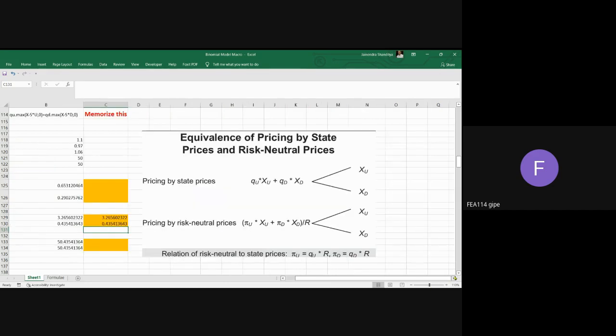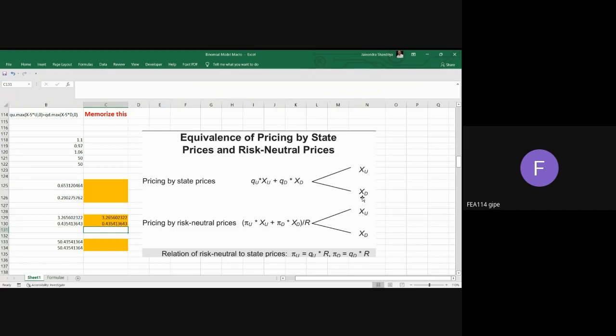Now let's move to this side. Now that we have solved for call and put option, XU is the value of the option in up movement, and XD is the value of the option in down movement. So we have priced it saying that if QU is the price of $1 in the up movement, then if I multiply with XU, I should be able to price the option in this up movement, QU XU.